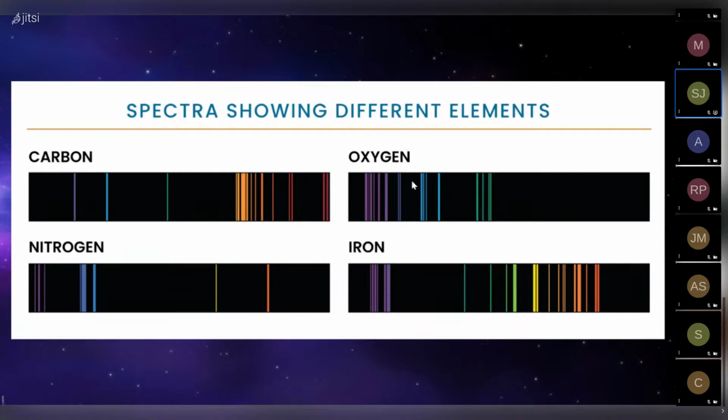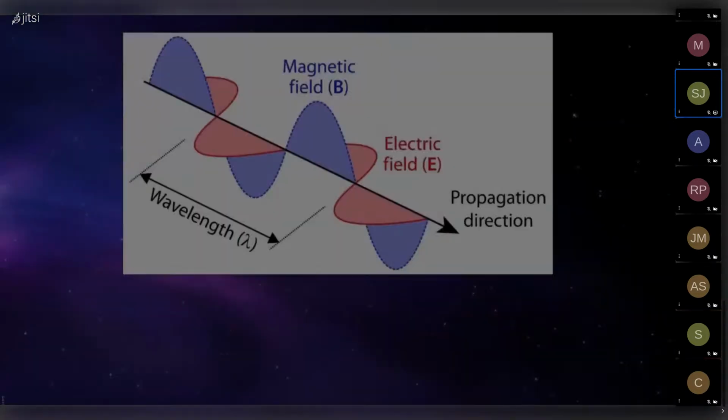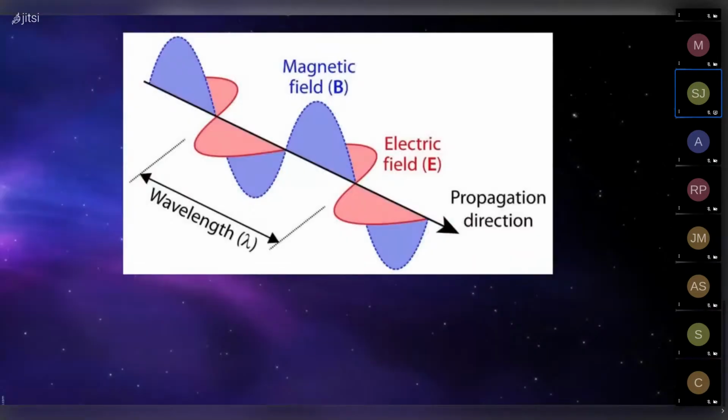Now, if you want to know more about the mechanism of spectral lines, you have to know two things. That is Maxwell's picture of light, where Maxwell told that light is made up of electric and magnetic fields oscillating perpendicular to each other, and they have wavelengths and frequencies.